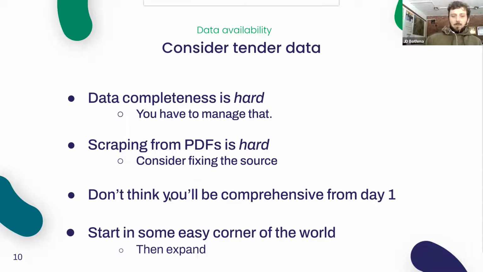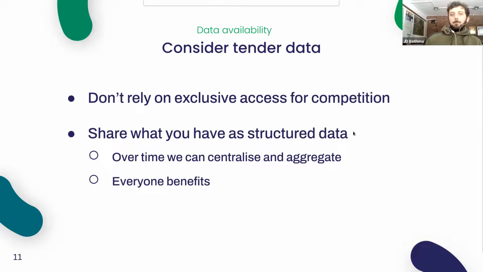So I've mentioned, don't think you'll be comprehensive from day one, and start in some corner of the world where this information is fairly available, and then expand out from there. And then on the other side, don't rely on exclusive access to data for competition.